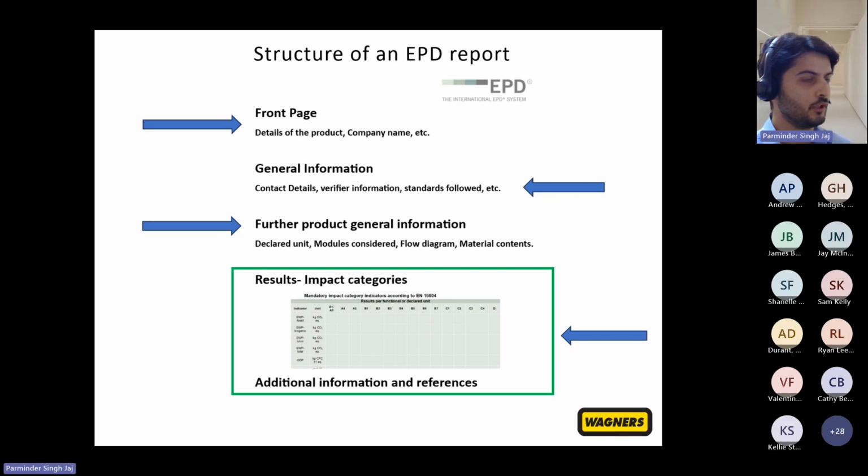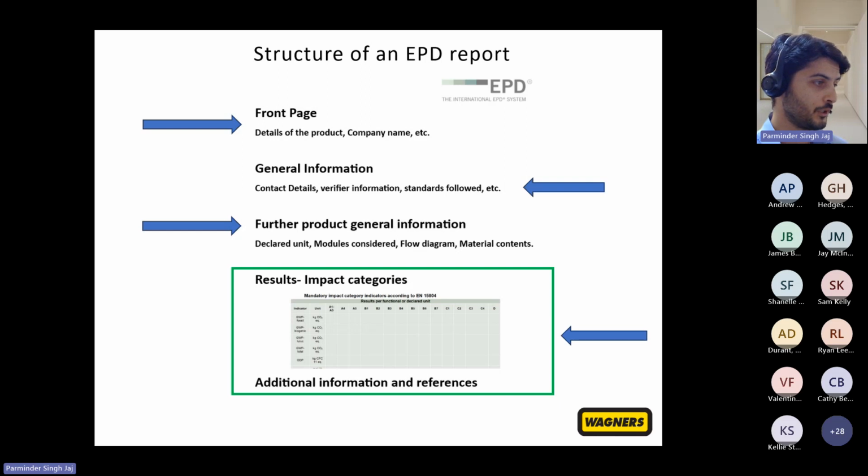So if you open an EPD document, it's a really long document. It has so many details inside. And I have made it more systematic just to understand how the formatting is. It will have a front page where most of the details will be, company name, etc. It will have a bit of general information about contact details, verified document, and what sort of standards are followed.